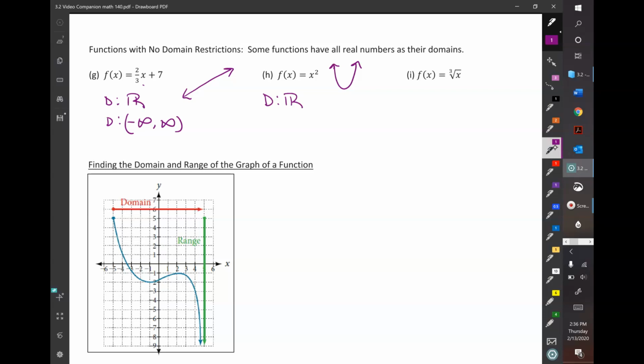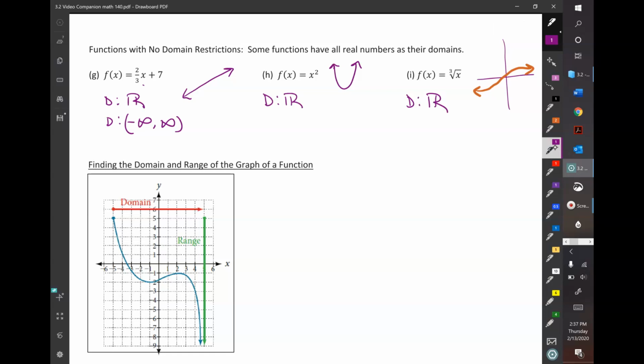So I could have a negative in there, like the cube root of negative 8 is negative 2, and it works. And the graph for that, I'll draw a little axis here, and then it looks kind of like this. And so we have domain would be all real numbers.